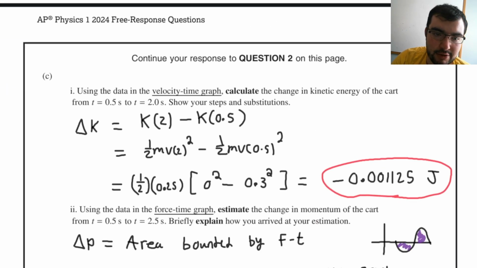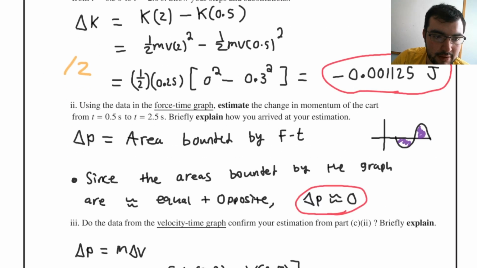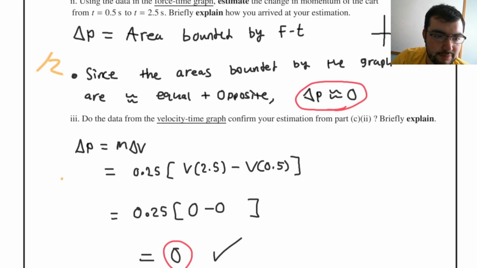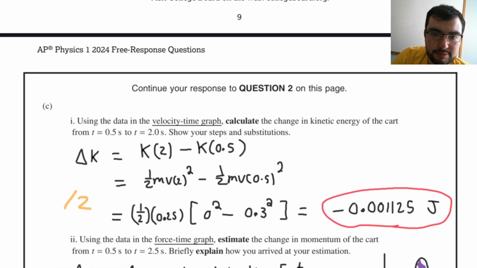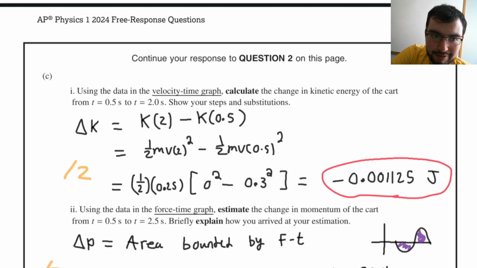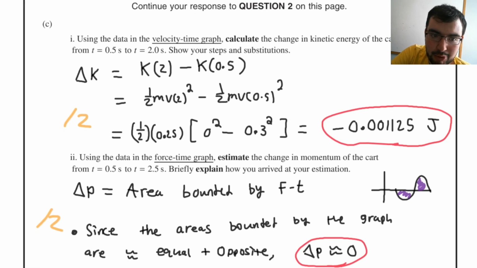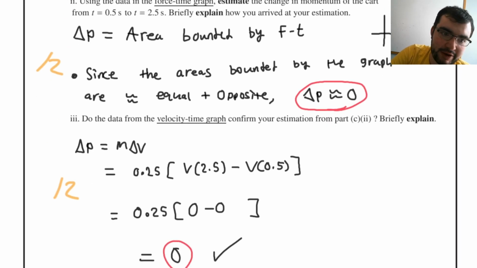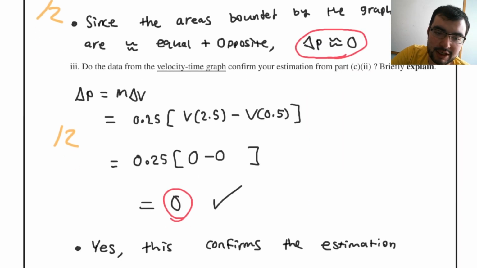And then these are 2 apiece. So get a point for identifying what delta K is, then you get a point by doing it. Get a point for identifying what delta P is, get a point by doing it. Get a point for identifying the other version of delta P and showing that it's consistent or inconsistent with the other answer.